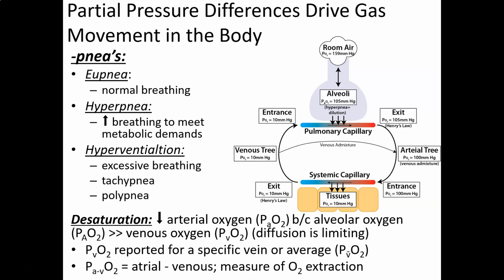Now, one of the concerns sometimes is something called desaturation. What desaturation means is we have a decrease in the oxygen carried by the arteries because basically we're not getting the ability to put oxygen into our blood vessels and get that into our blood. In humans, it doesn't seem to happen.